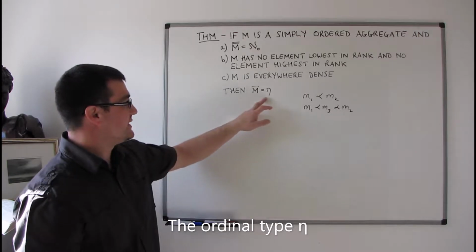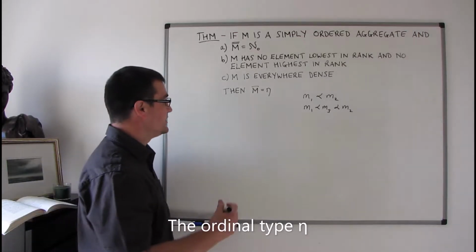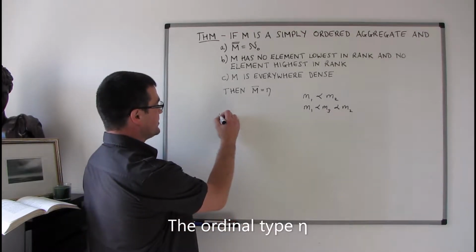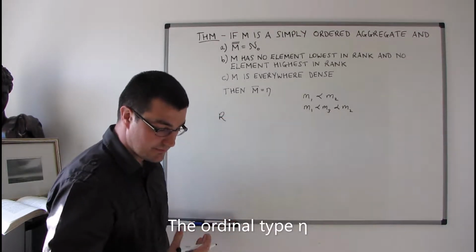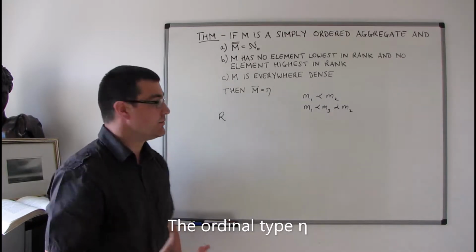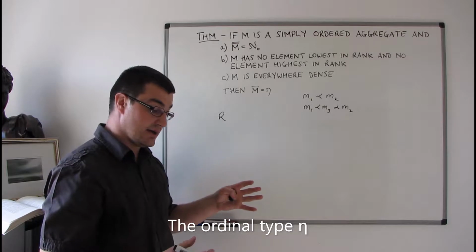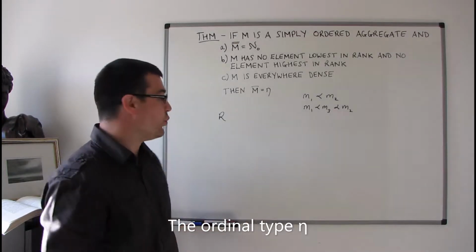Okay, and then finally, what is this eta here? Well, think back to right at the start of this video, we spoke about the aggregate R, which is the aggregate of rational numbers greater than 0 and less than 1.